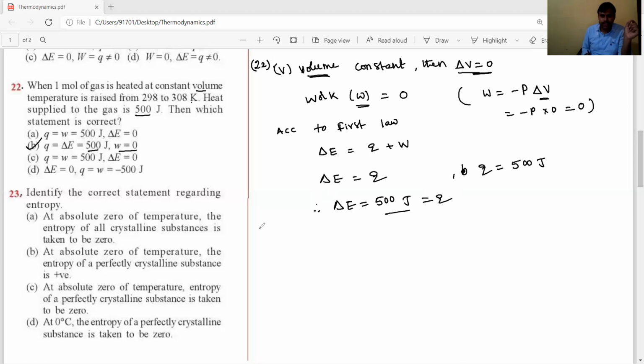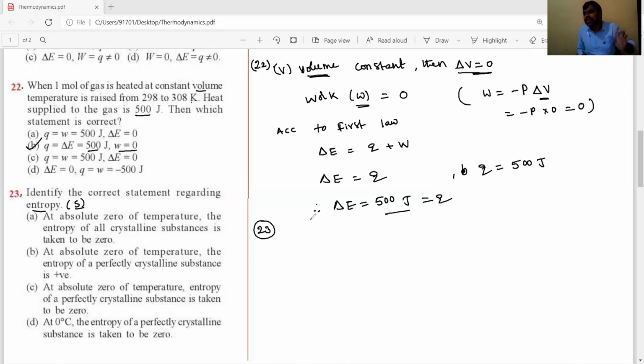And let's see the 23rd question, dear students. What is the 23rd question? Identify the correct statement regarding entropy. Entropy means S. What is the meaning of entropy, dear students? The randomness of a system is known as entropy.